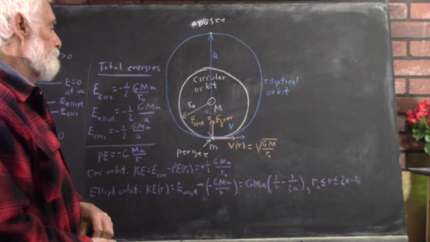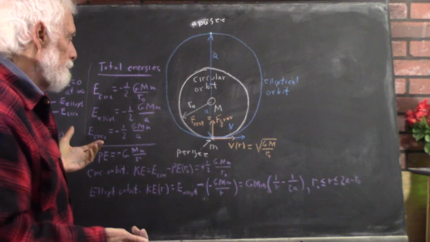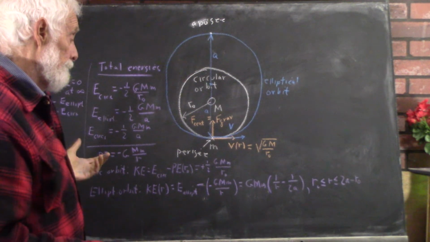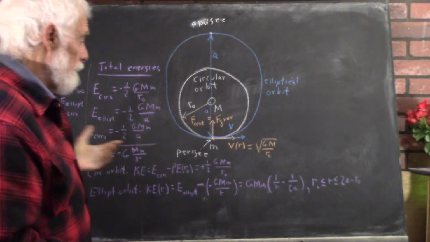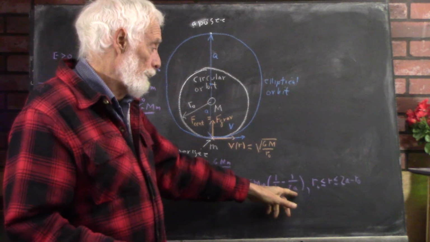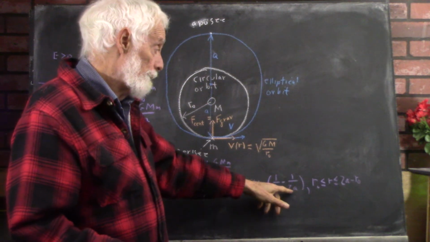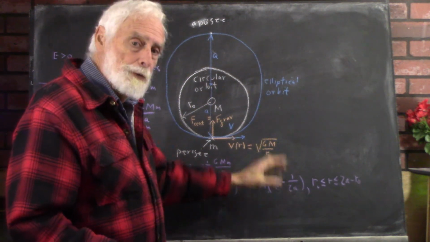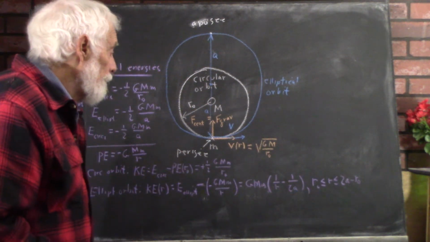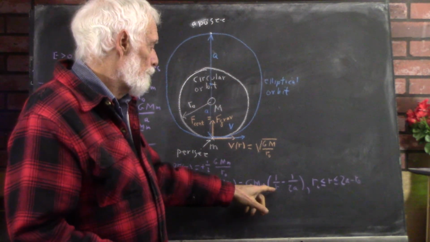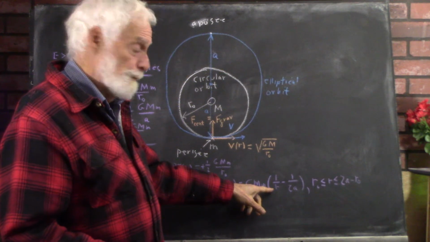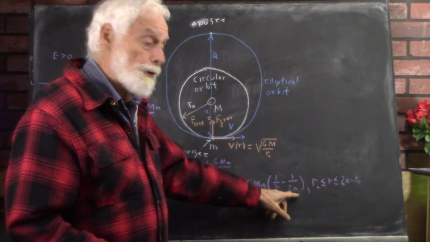Okay, now at r0, again, clearly this is a lot bigger than this. The denominator is smaller, so the reciprocal is bigger. And if this is 2a minus r0, it's still less than 2a.